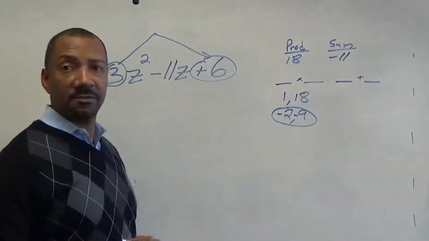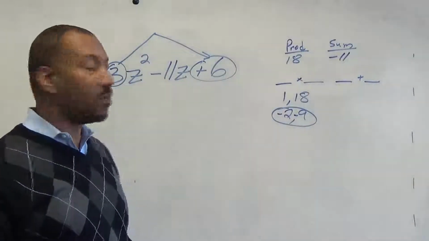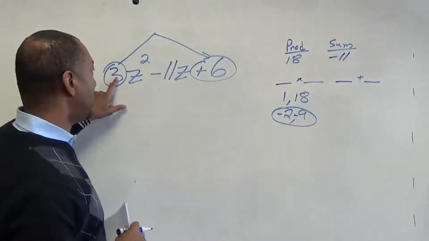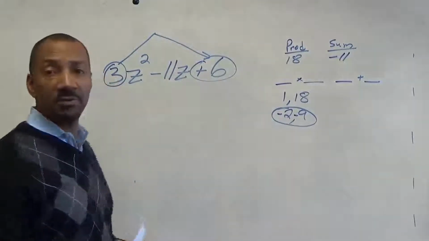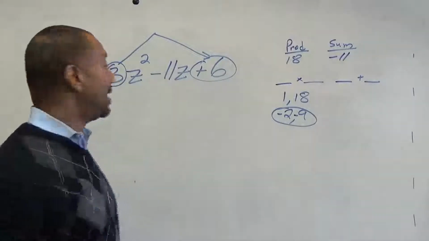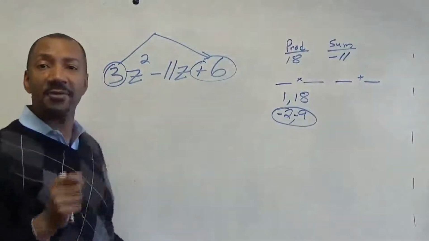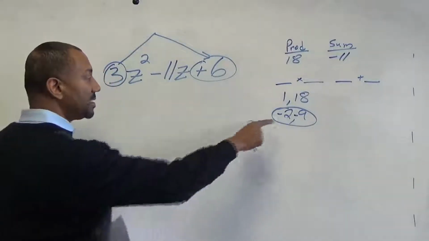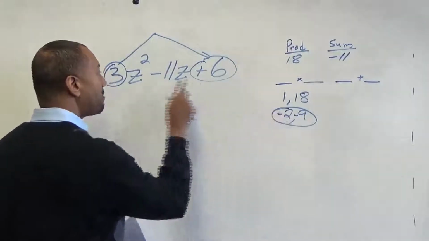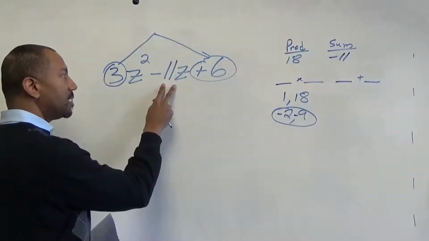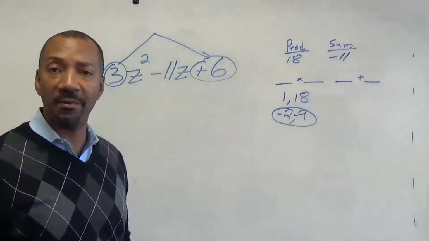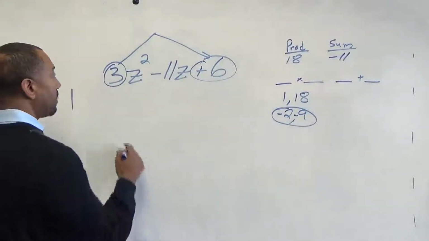But notice, unlike when we have a 1 here, when we go directly to our answer, because this is a number other than a 1, we're always going to take those two numbers and break up this middle term so we can turn this into a grouping problem. Let's do that.